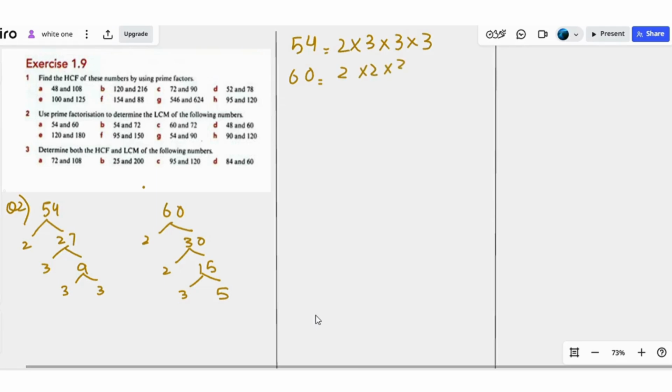So now to find the LCM, least common multiple, we'll first take the common ones out, write them once. We'll pick out 2 and 3. These are common, and then the rest of them, we'll write the rest of them as it is.